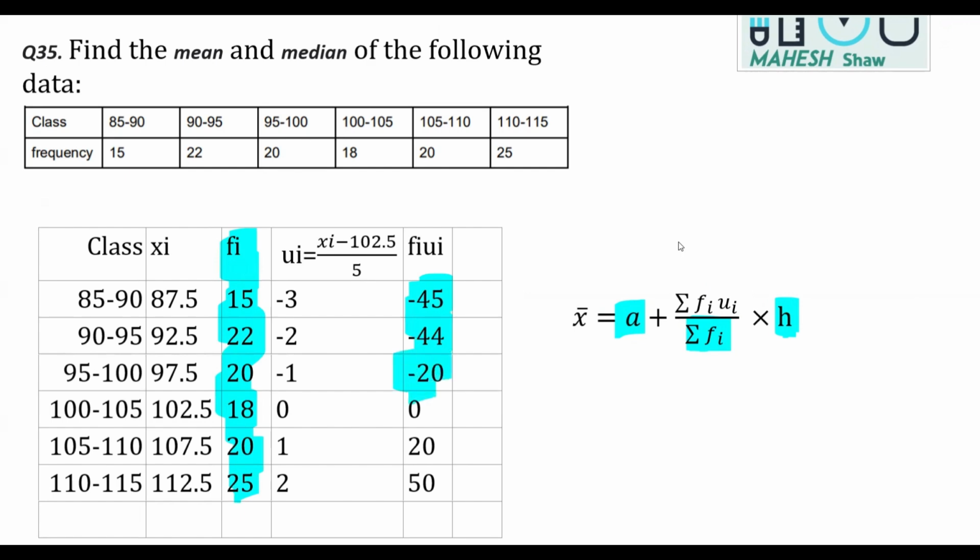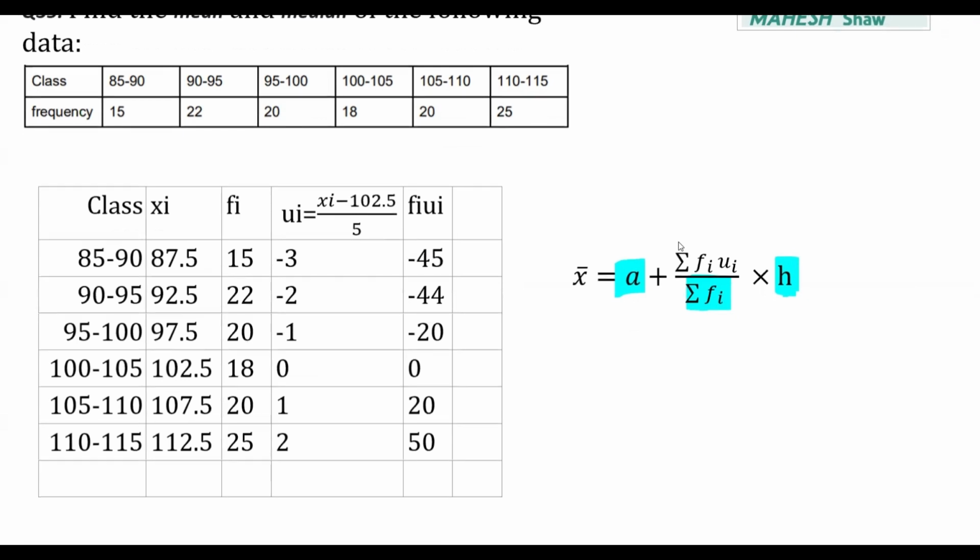That will give you sigma Fi, that is the summation of this column. So if I get the sum here, on adding these, we are going to get this as 120. This is coming as 120. And similarly, I'm going to add sigma Fi Ui.